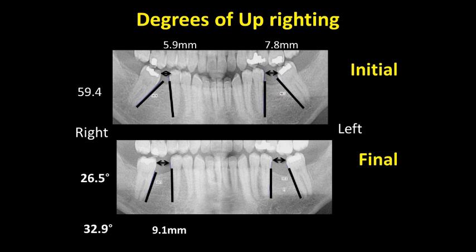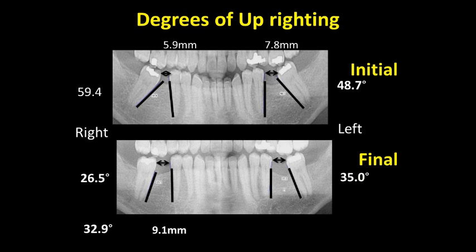On the left side, in all probability, this tooth would not be uprighted because the space is 7.8, and you actually could put an implant in there. So we're only going to upright that from 7.8 millimeters to 9.2. So we look at this, and the degree is only 48.7 compared with 59.4 on the other side.